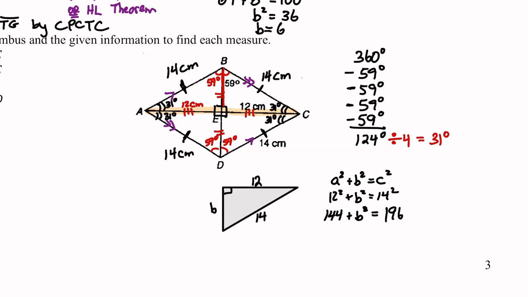I think it is. I always struggle with my 14 squares for some reason. Yeah. So then I'm going to knock off 144, and we're going to get 52.